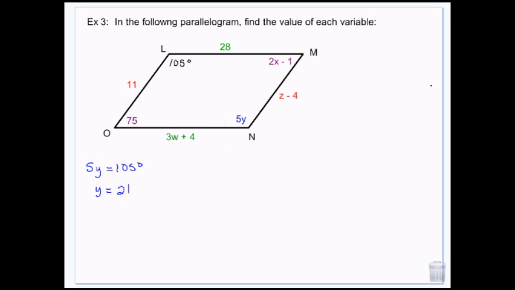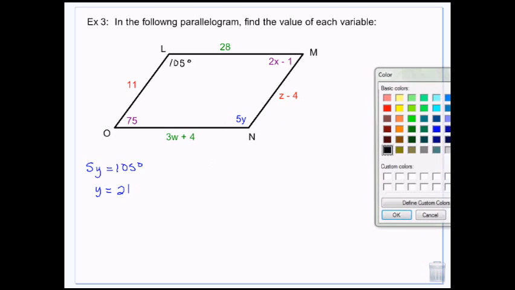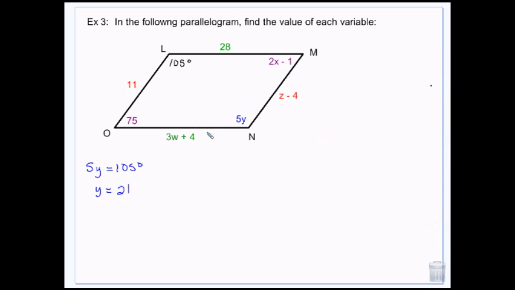Okay. X. I have 2x minus 1 and 75. Add 1 to both sides. 2x equals 76. Divide by 2. And x is 38. And then z.